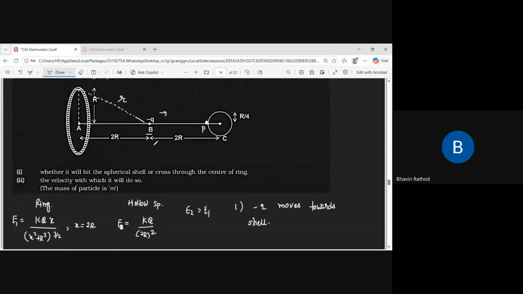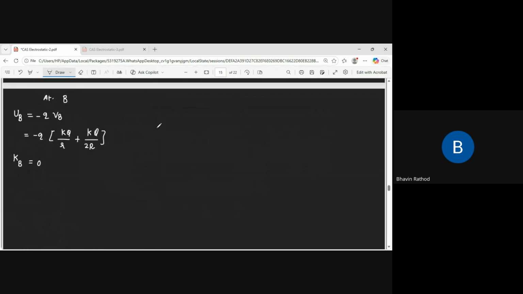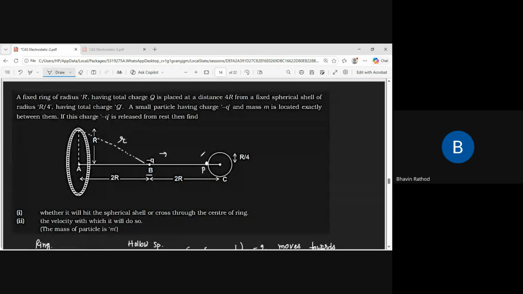At point P now, we can say potential energy is going to be negative Q into VP, right? So this now we can write as Q, and let us say this distance is R dash.